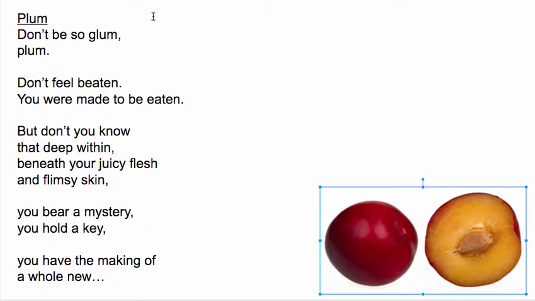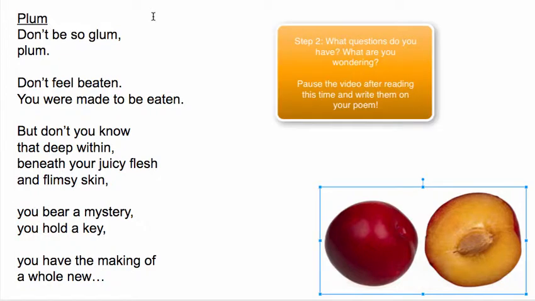And now the second time we read it, we're going to think about what questions we have, what we want to know, and I am going to tell you right now that I want to know what is supposed to be after those 3 dots at the end of this poem. So let's read it again the second time and try to figure out what that word could be.